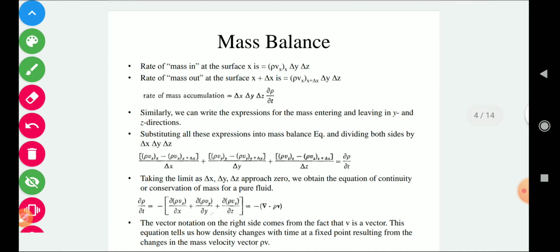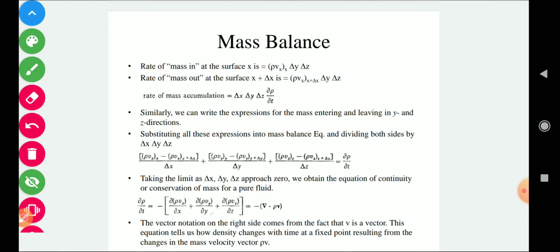So the rate of mass out at surface x plus delta x will be equal to rho Vx at x plus delta x into delta y into delta z, and the rate of accumulation of mass is del rho by del t, and if we multiply it by volume, then we get the rate of change of mass per unit time, because the unit of rho is kg per meter cube and its volume unit is meter cube, so the meter cube will cancel out and the final unit is kg per second. So this is the rate of mass accumulation, kg per second.